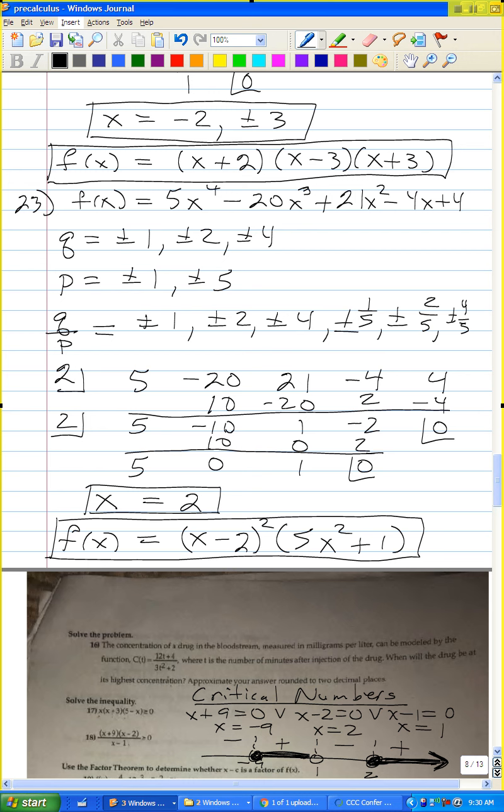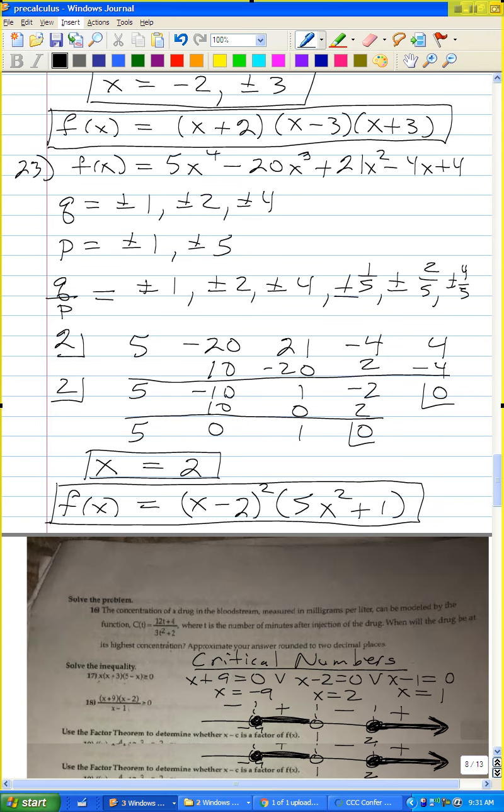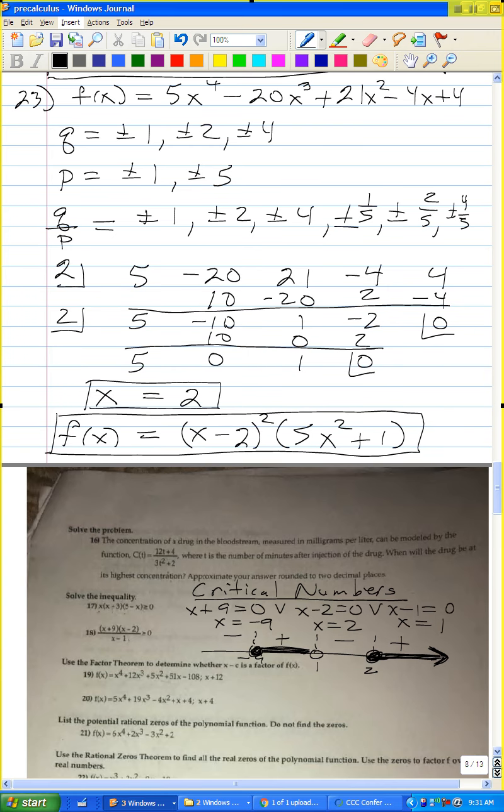You could factor further if you were going to factor over the complex numbers, but he only wanted to factor over the reals. Any questions about this? From this reduced equation, I have 5x squared plus no x plus 1 with a remainder of 0. So that was my reduced equation.